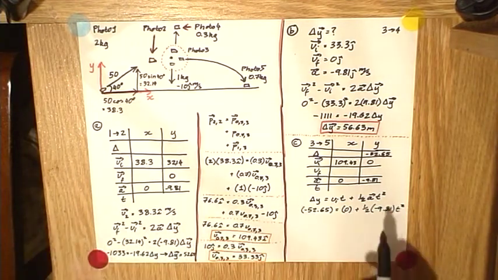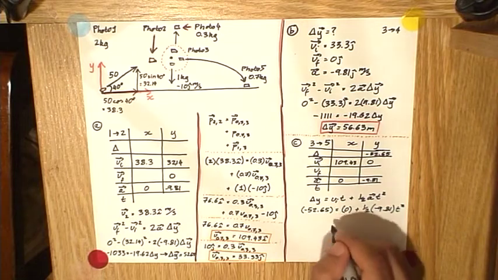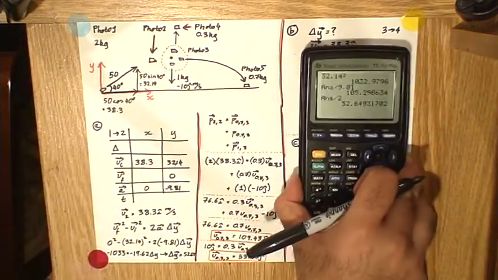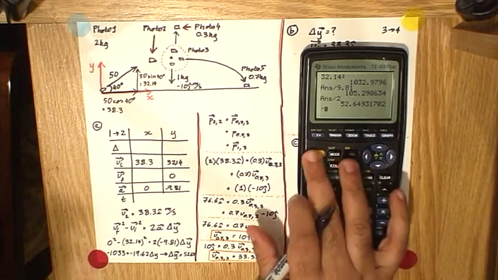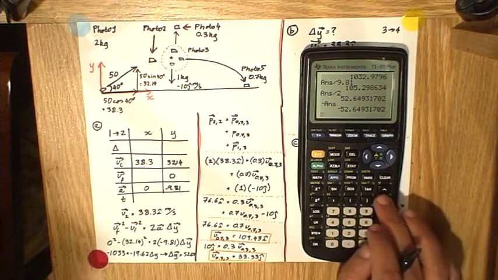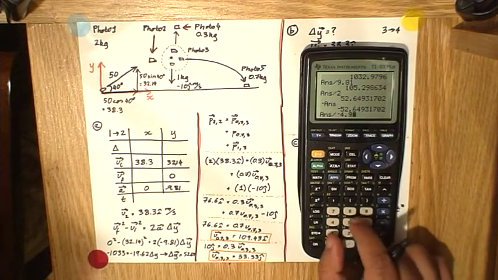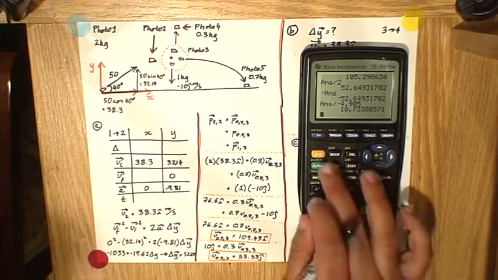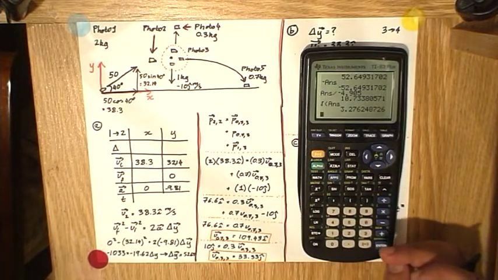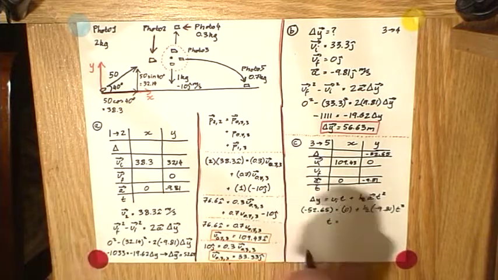Okay, so half of negative 9.81 is negative 4.905. When we solve all of this out, we're going to get a time of, let's see, negative 52.65 divided by negative 4.905, and finally take the square root, 3.28 seconds.